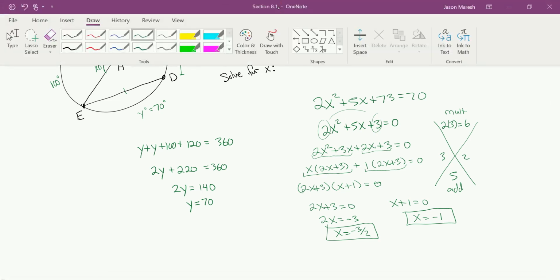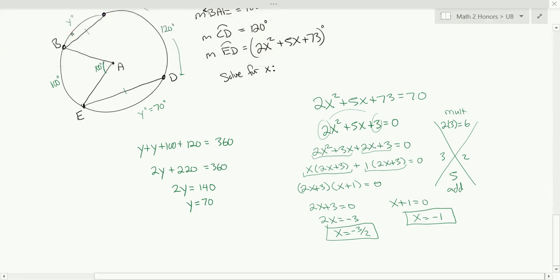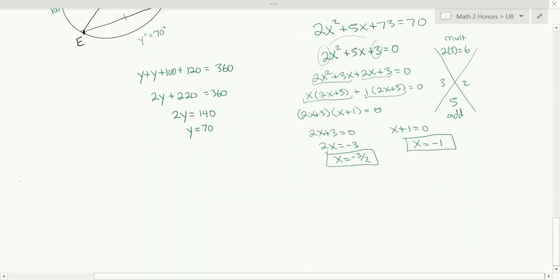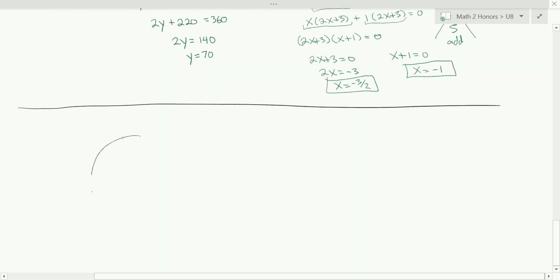All right, there's one more thing I want you to know about circles and chords, and then we'll look at a few more examples with that, and then we'll be done with our notes. So that is the case where if we have a circle with a chord, and if we were to draw a segment from the center of that circle to the chord and make it, well, I'll hold off on what we're going to make it.